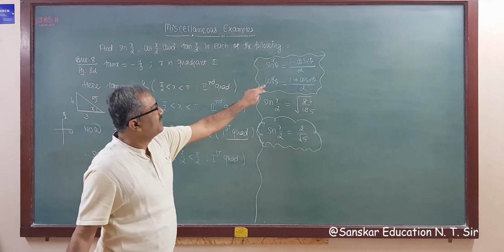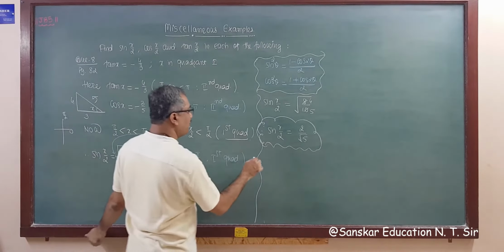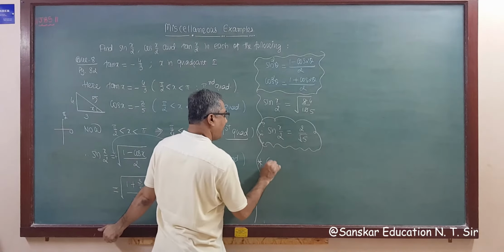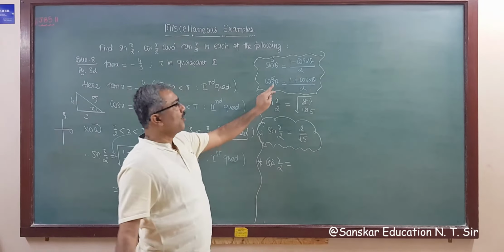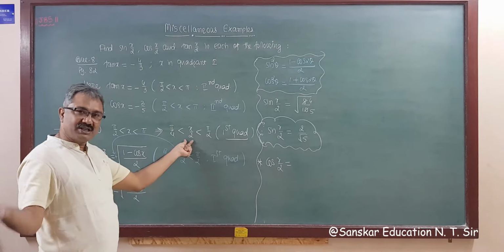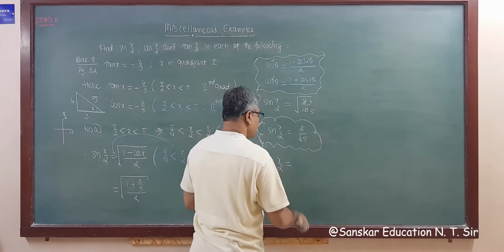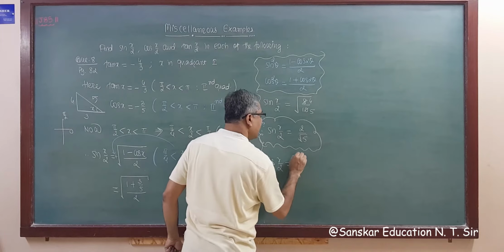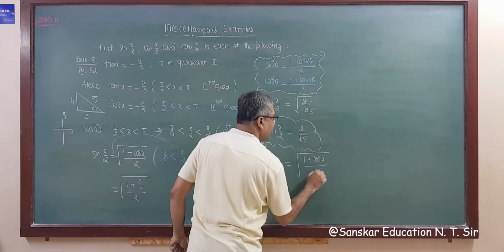Now, taking the square root of this, that is cos, we have to find out cos x by 2. So cos x by 2 is equal to, again, x by 2 lies in the first quadrant. Cos is also positive in the first quadrant, so taking the plus sign, the square root of this is equal to 1 plus cos x by 2.